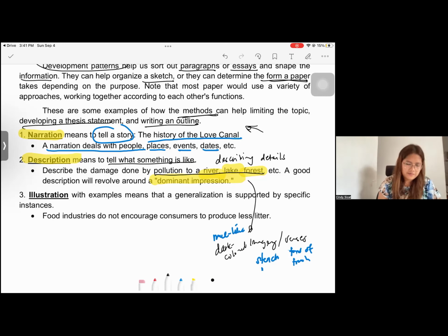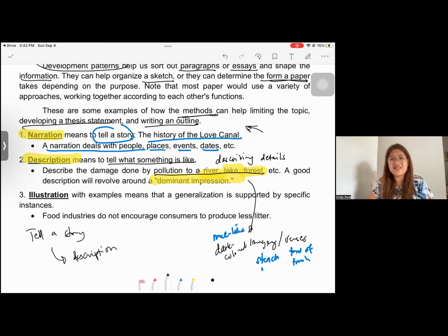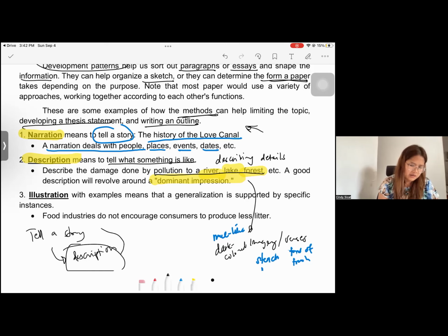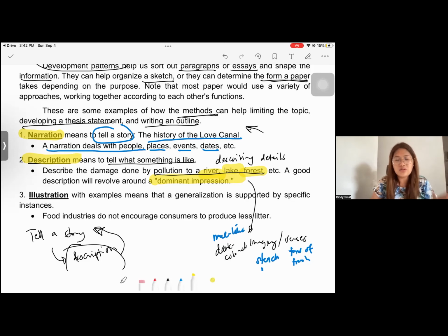You can tell a story through description, but it doesn't go the other way around, that you can tell a story to describe, not necessarily, okay? Description is a very good element in a narrative or in telling a story. But description could be a simple description without necessarily telling a story. Okay, I hope I didn't confuse you with that.